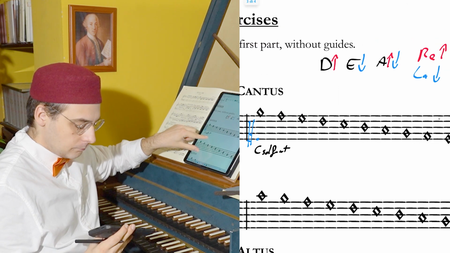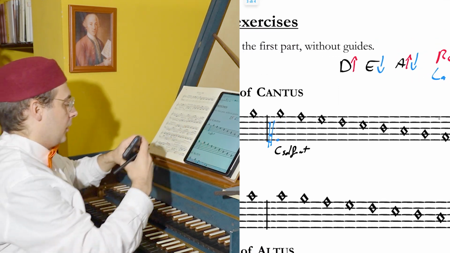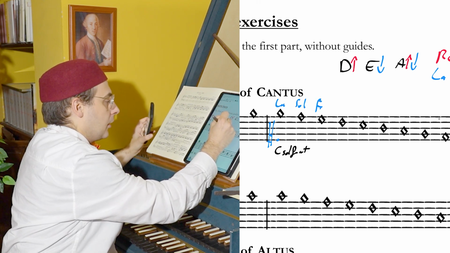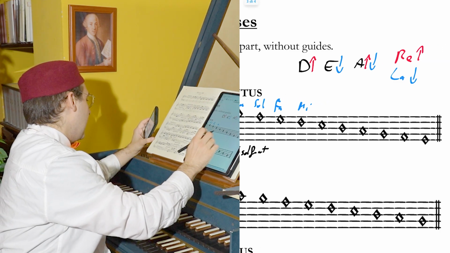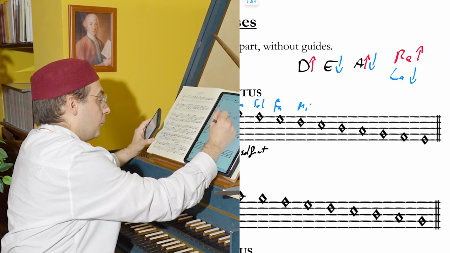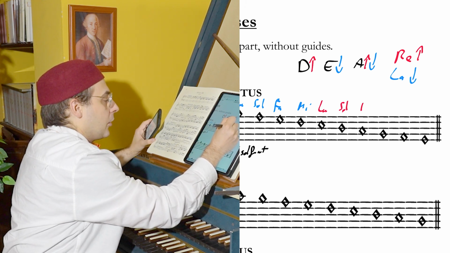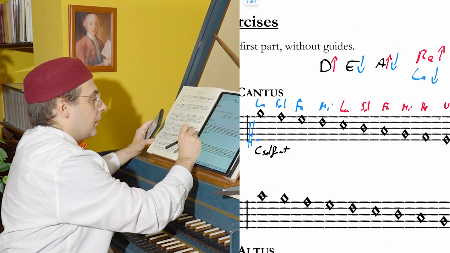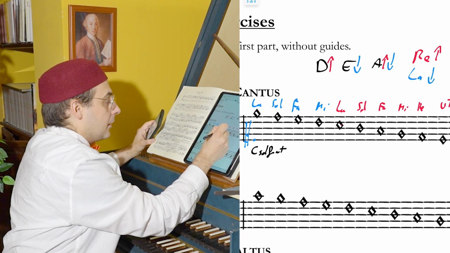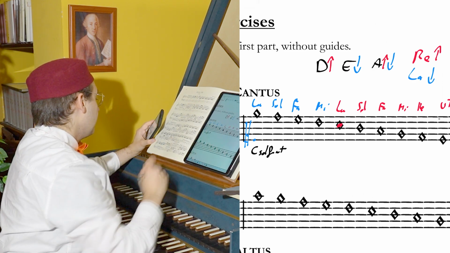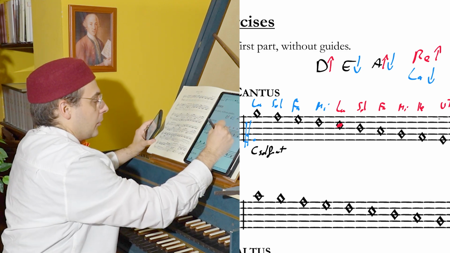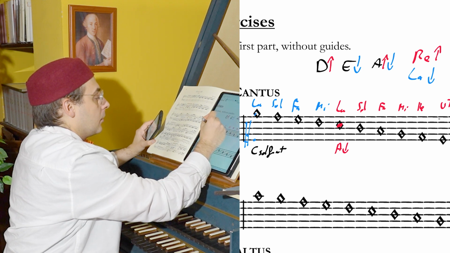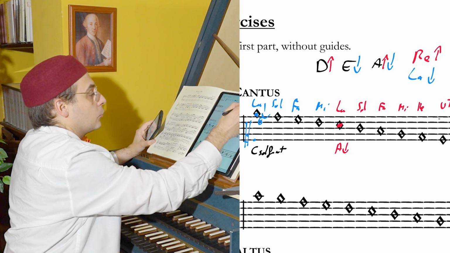Now, as you can see, we have this scale, blue for hard hexachords, so La, Sol, Fa, Mi, and then Robertus Palermitanus wrote La, Sol, Fa, Mi, Re, Ut. Since here we are passing through A descending, we say La, and since here we have E descending, we say La as the rule wants.